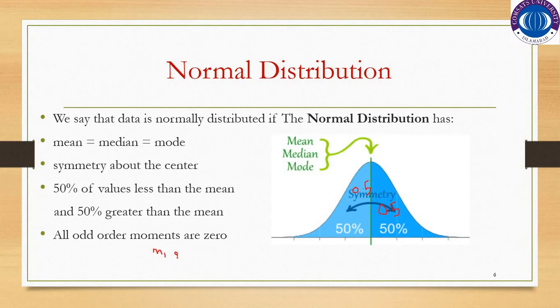These are the sample moments, and these are the mean moments, or you can say the central moments. We have already discussed these moments in previous classes. They are saying all the odd order moments are 0, so M1 and M3 will be 0 in the case of the normal distribution.